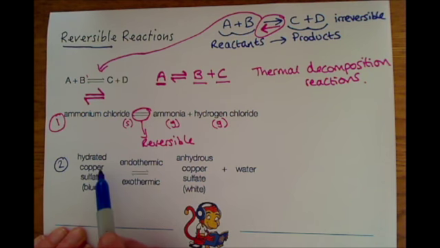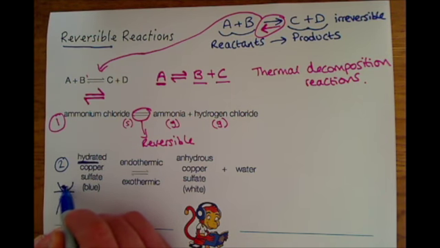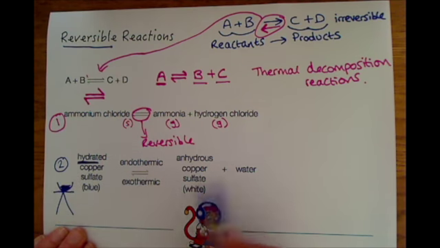In another example, we've got hydrated copper sulfate, which starts off as blue. Again, there's only one thing on this side of the arrows. If we were to heat hydrated copper sulfate, that gets rid of the water in here, so that tells us that there's water. So it's something, for example, that you would put in an evaporating dish over a tripod. You'd have your hydrated copper sulfate in there, and when you heat it up you would get rid of the water and you'd be left with anhydrous, which means without water, copper sulfate, which is white.